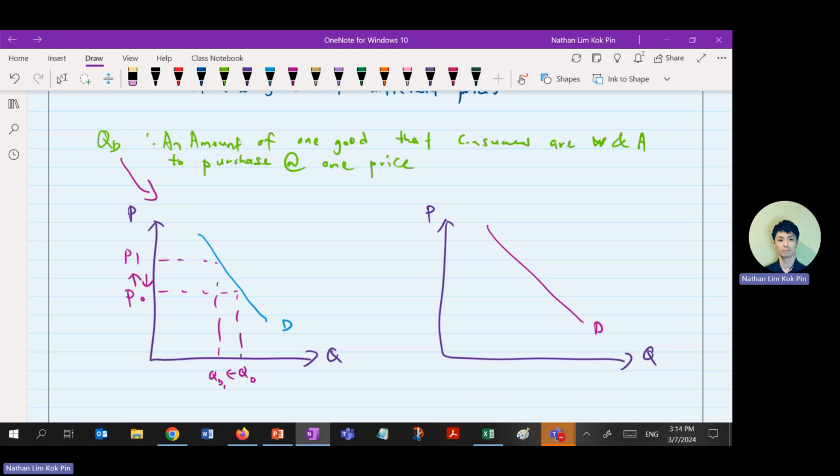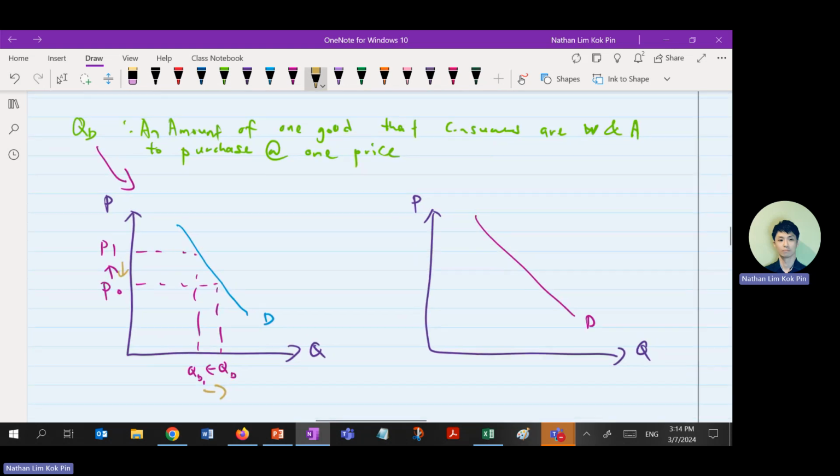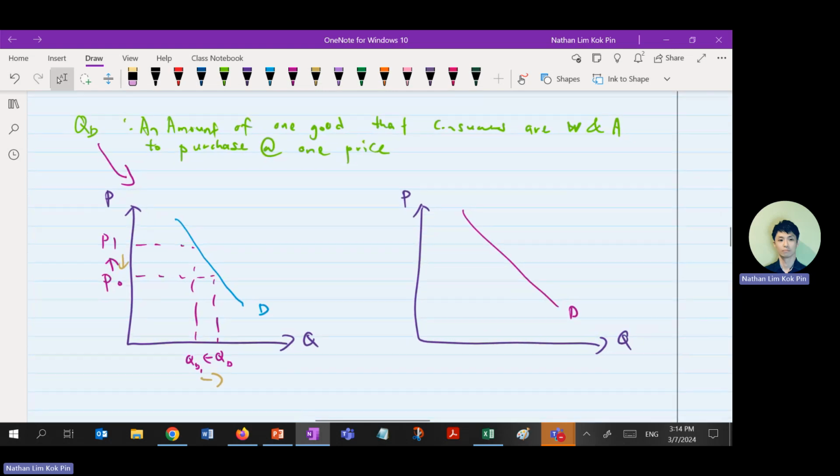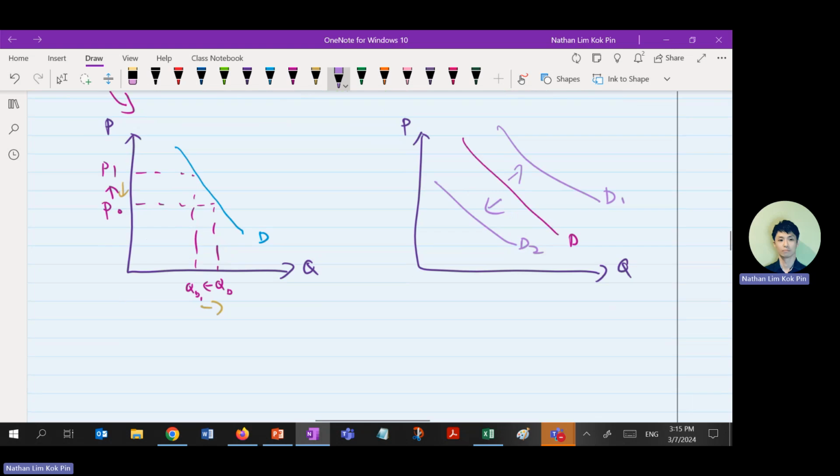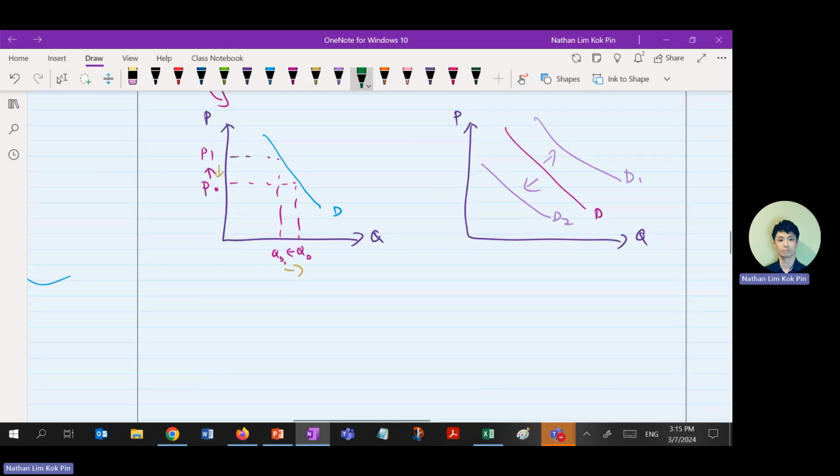Okay, if the price decreases, it will lead to quantity demanded movement along, right? And this is in contrast with the shift. The shift will be demand shift to the right and demand shift to the left, right?